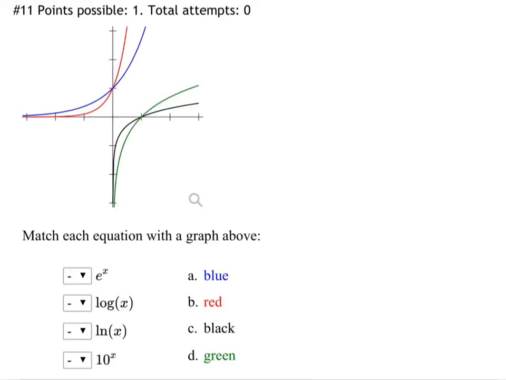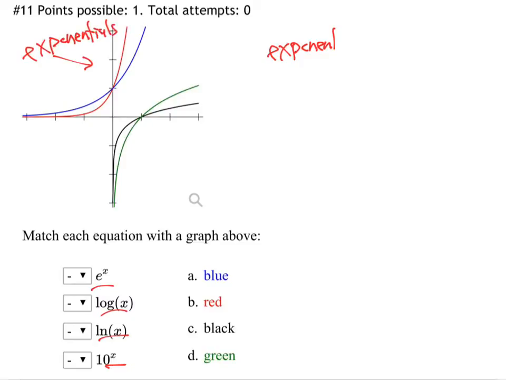Number 11, they want us to match each equation with a graph above. So how do we match the equations with the graphs above? Well, if you notice, 2 of them are logs and 2 of them are exponentials, where x is in the power zone. Anytime you have an exponential, well, these 2 are the exponentials, aren't they?